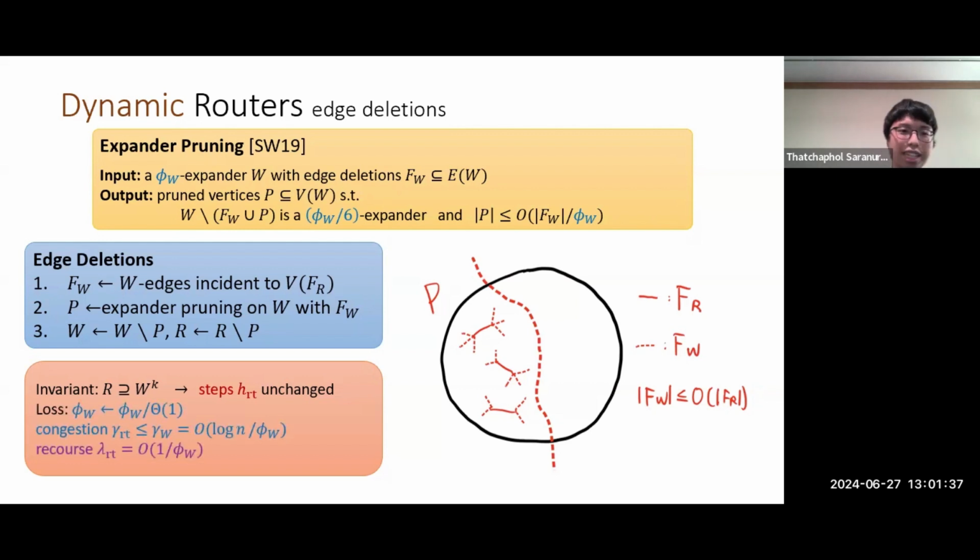And what we lose is the expansion of the underlying expander W, a constant factor, and this will cause some blow up on the congestion of our router. But each batch of updates only blows up by a constant factor, so if we finally want to handle a constant number of batches of updates, it is still fine.